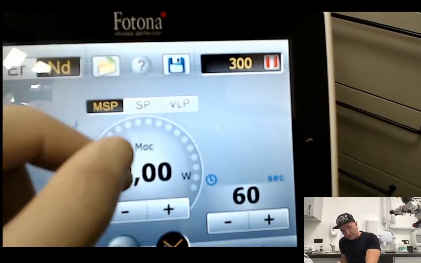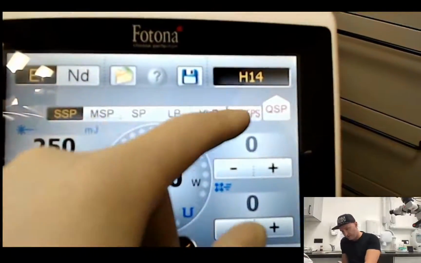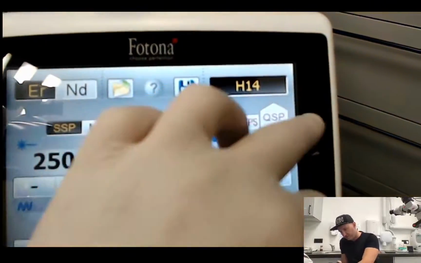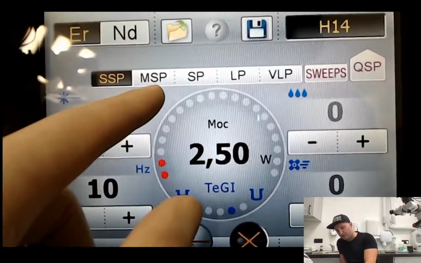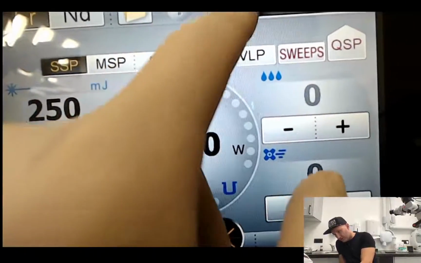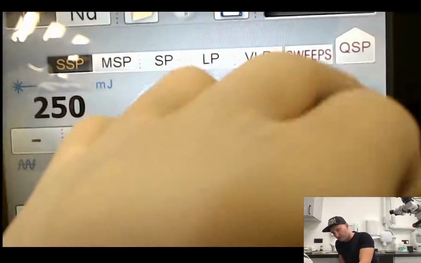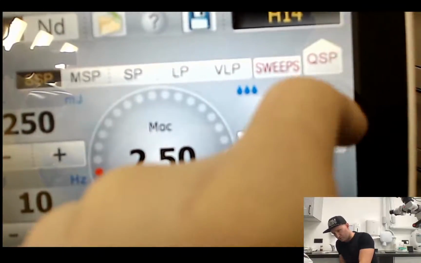Here I had three pulse duration options. Here I have six of them and some additional: 50 microseconds, 100 microseconds, 150, 300, 600 microseconds, as far as I remember. Here is the sweeps mode used in endodontics and quantum shock pulse.